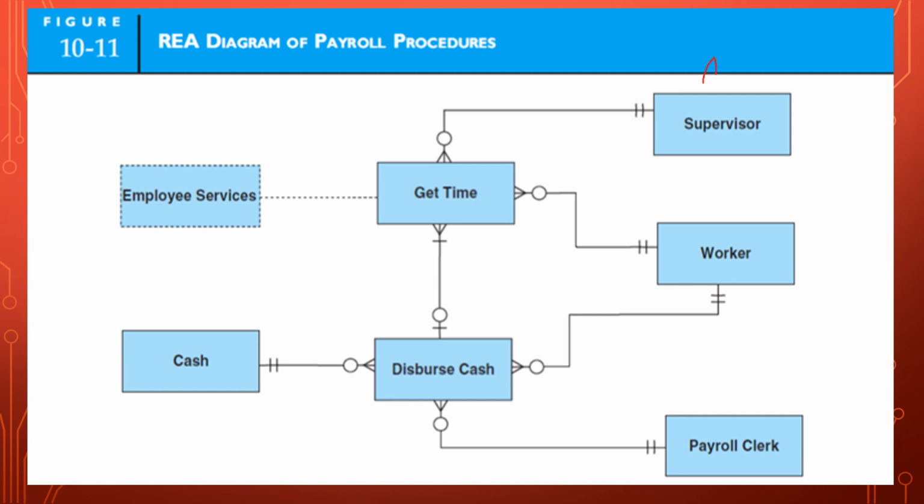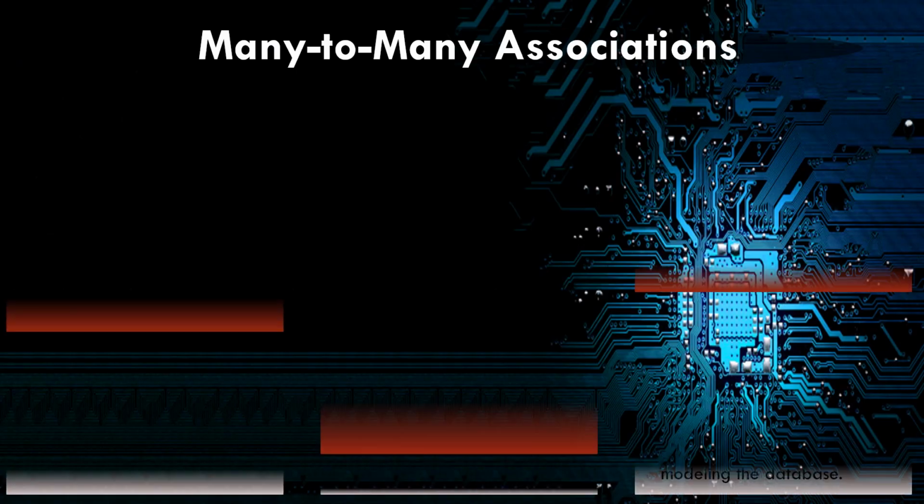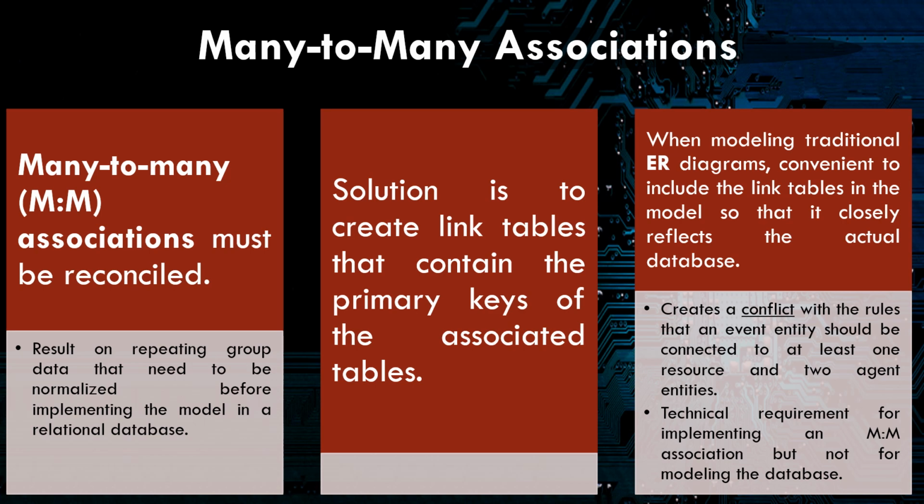The agents here are the supervisors, workers, and the payroll clerk. Many-to-many association means that we record in one table many pieces of information about many items, and we record from another table in the database many times as well.